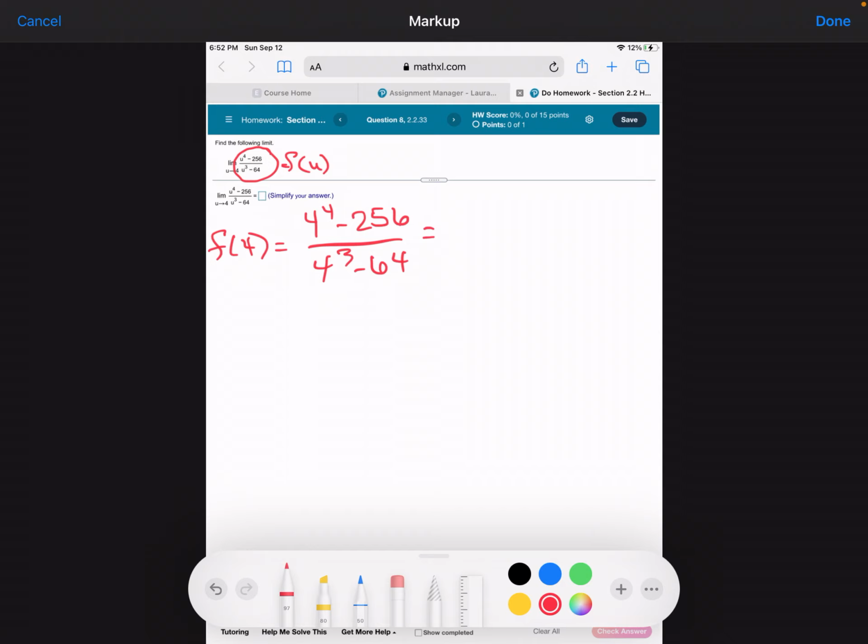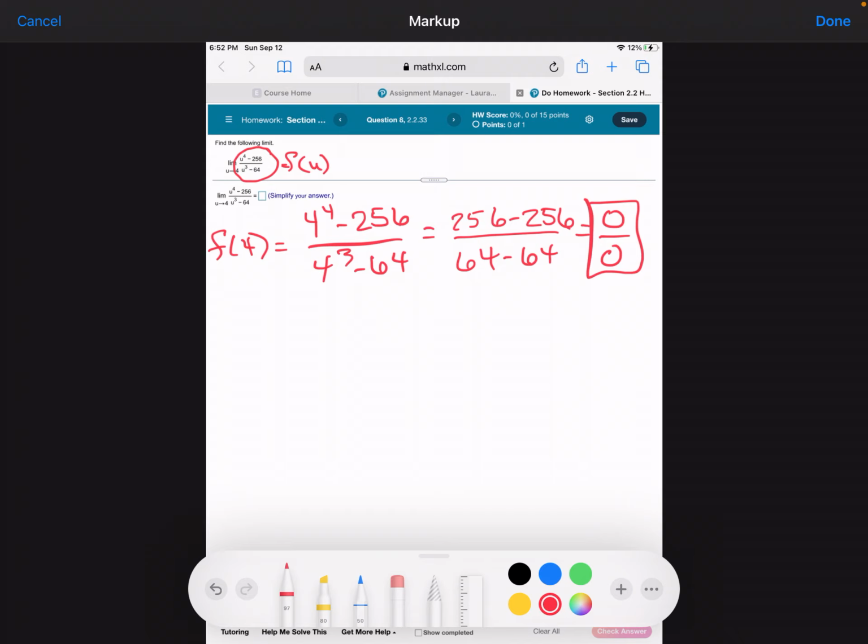Now 4 times 4 is 16, times 4 again is 64, and 64 times another 4 is 256. So we get 0 over 0. That means let's check out playing with it.